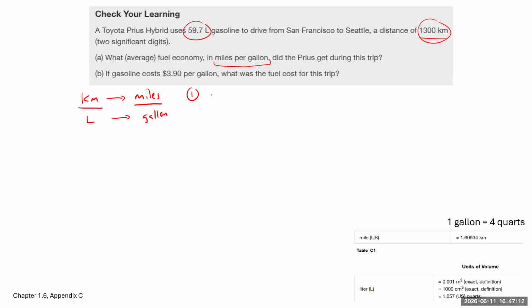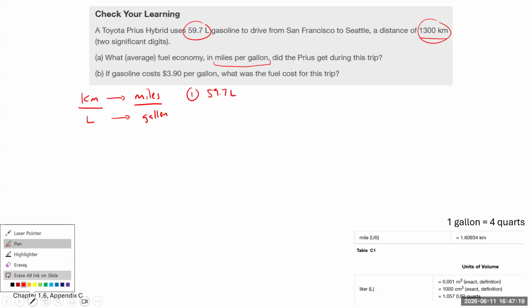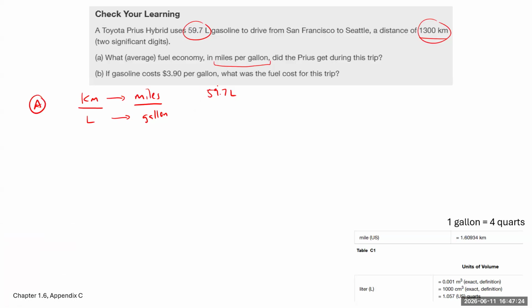Our first thing is 59.7 liters. Let's write that as part A. All right, 59.7 liters. We need the conversion rate for that. Liters to quarts, and 1 gallon is 4 quarts, right?